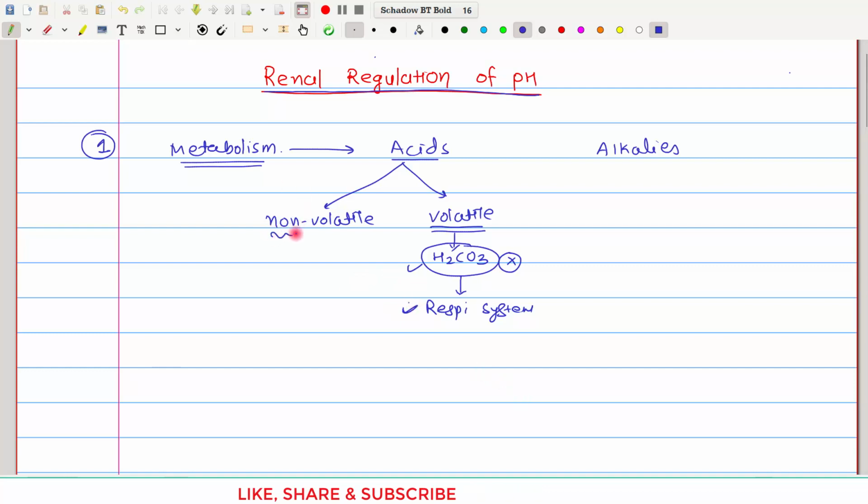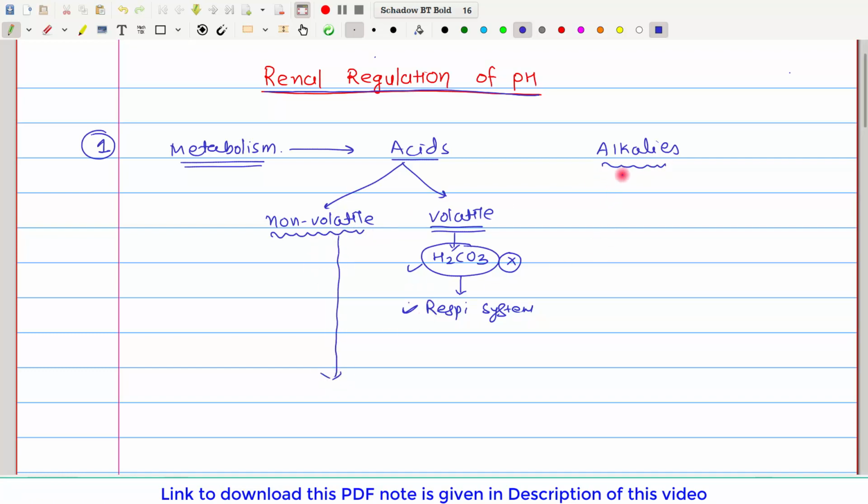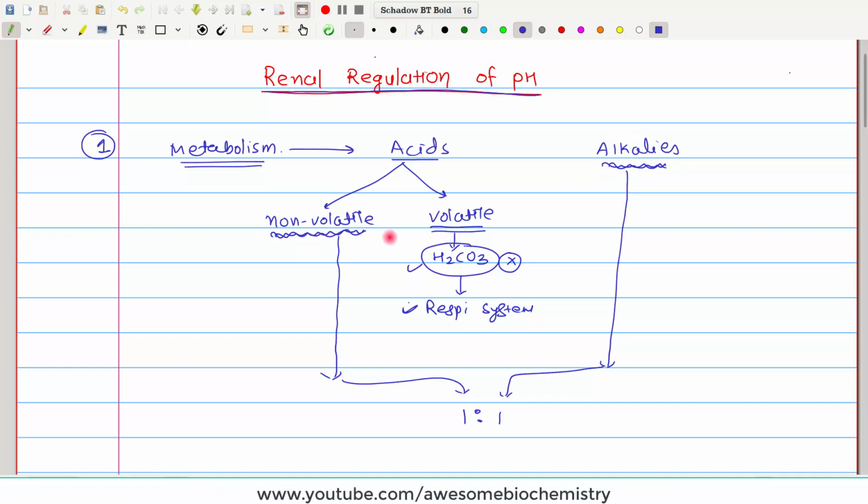But the problem is with the non-volatile acids and alkalis. Now again, if these non-volatile acids and alkalis are both produced in a 1:1 ratio, then this problem will be solved. How? Because alkalis and non-volatile acids will neutralize each other. But in reality, they are not produced in a 1:1 ratio.